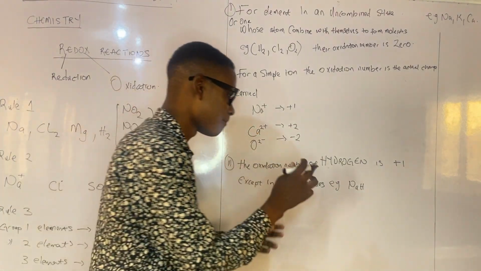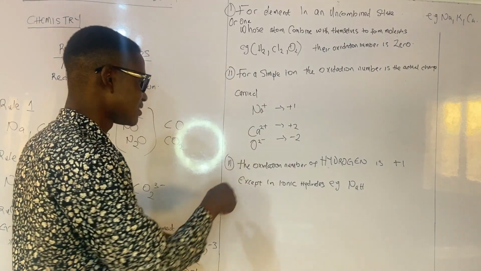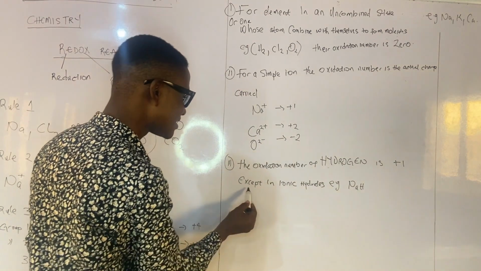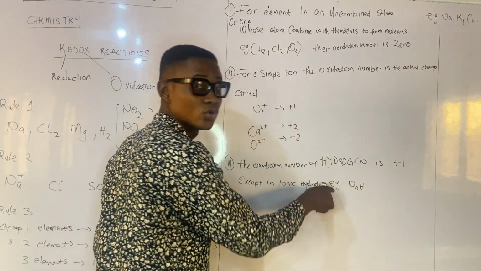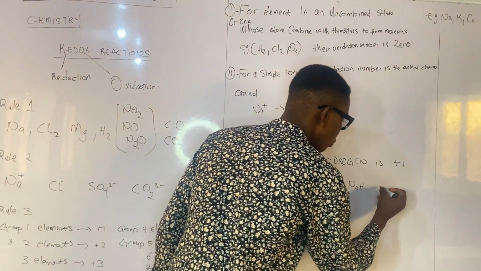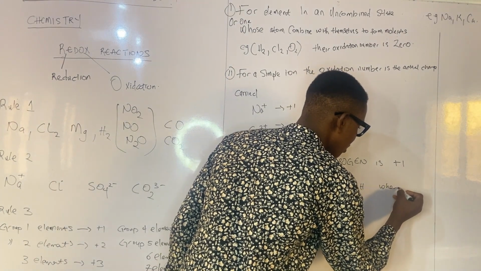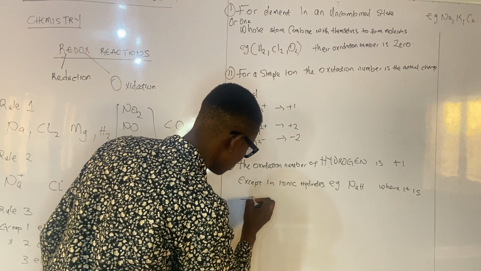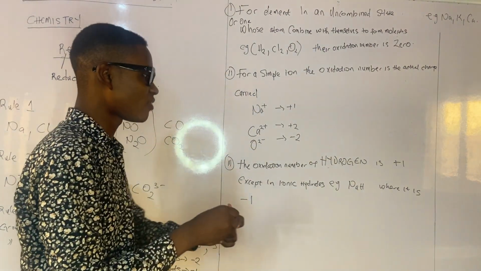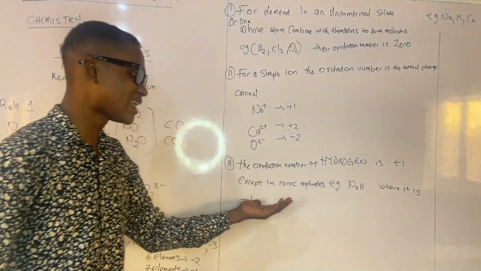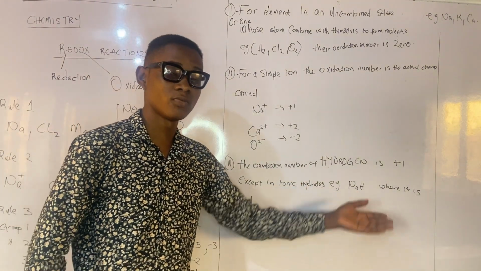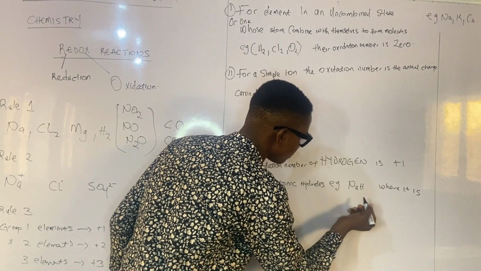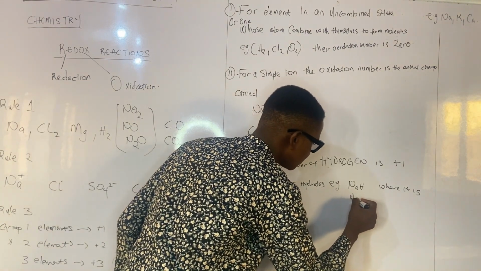It is now minus 1. So say that the oxidation number of hydrogen is plus 1 except in ionic hydrides. Example, sodium hydride, where it is minus 1. And if you want more examples, you can say magnesium hydride.